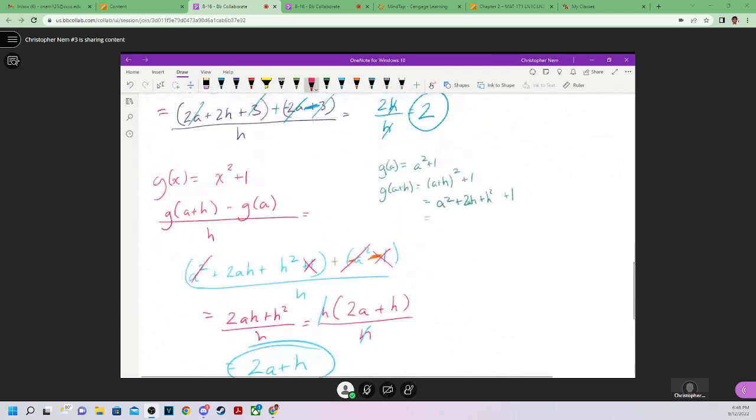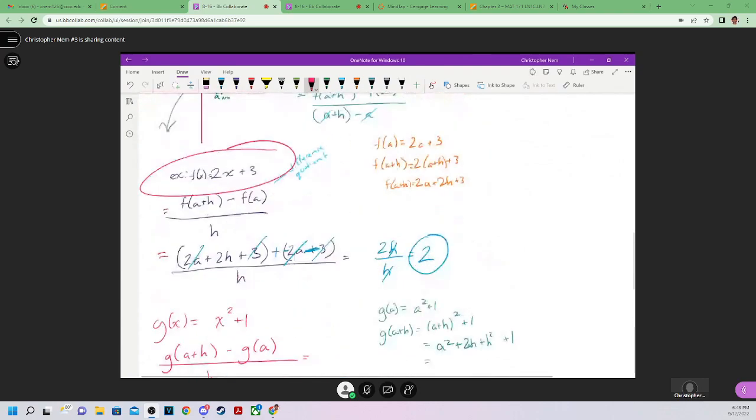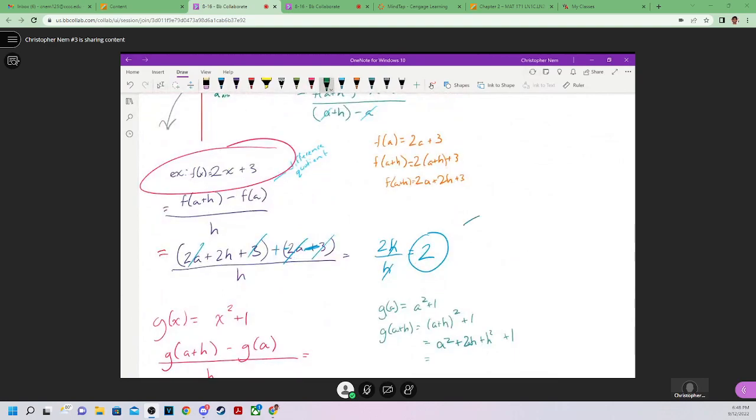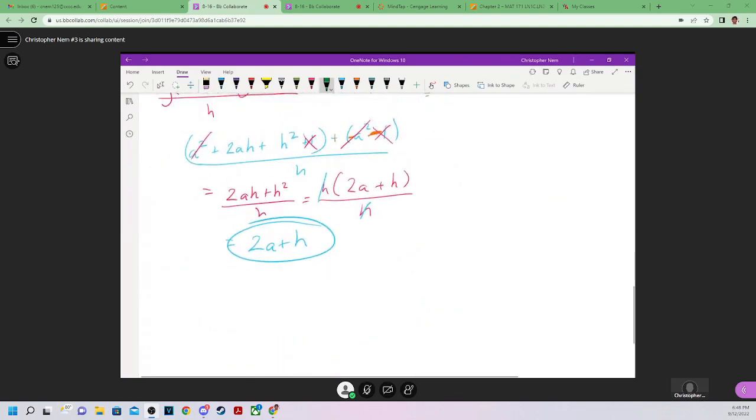You'll notice that in our linear equation, we are left with a constant. There's no a, there's no h, and I'll explain why. Over here, we do have an a, and we do have an h. What the heck does that mean? Why?